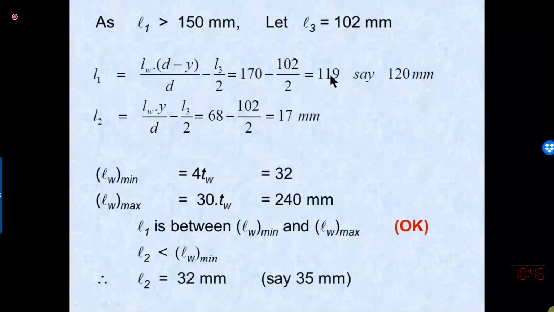So in our given case, that value is equal to 150.